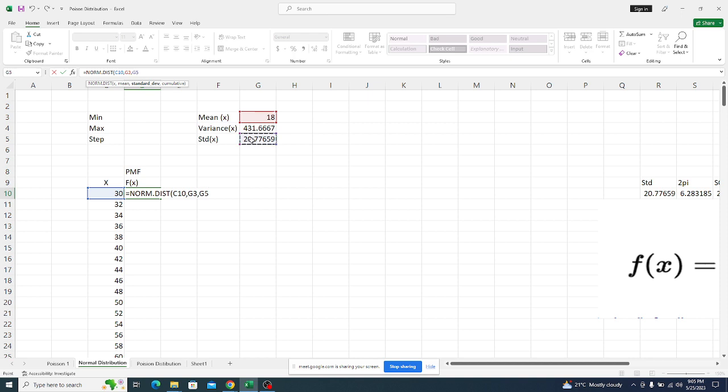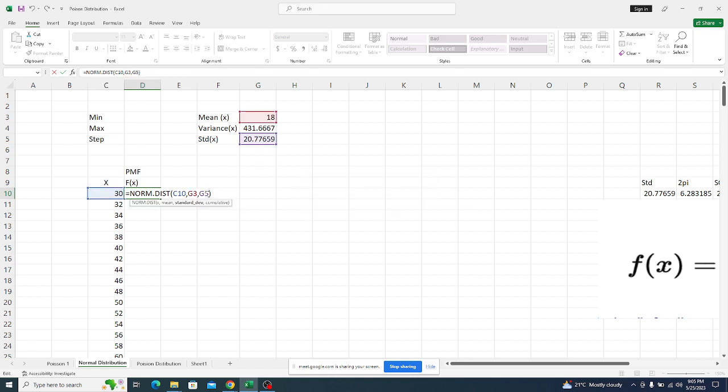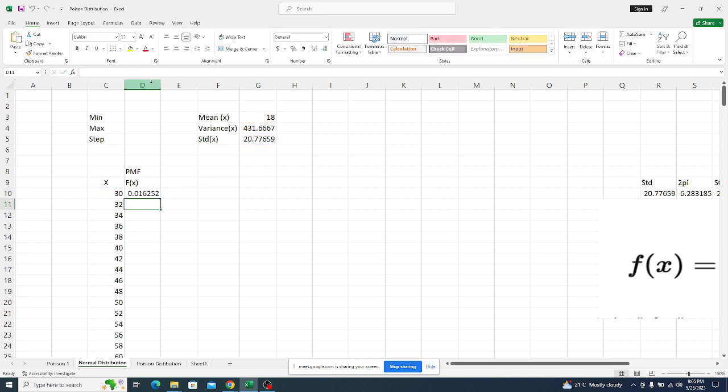Then I will close and enter. We have a few arguments, so I have to choose if I want cumulative distribution or probability mass function, and I explained the difference between the two yesterday. I'm going to go with the probability mass function because I want the individual probabilities, and this is the probability.